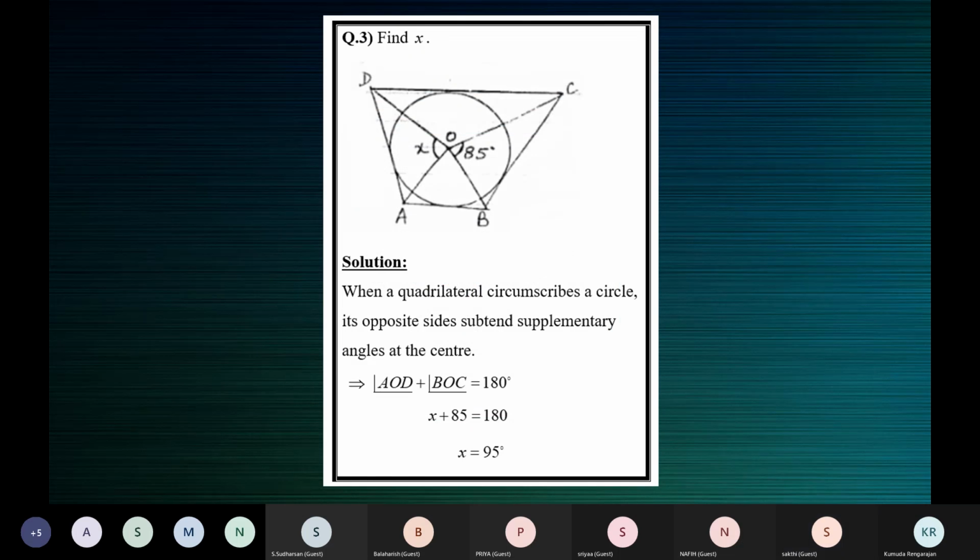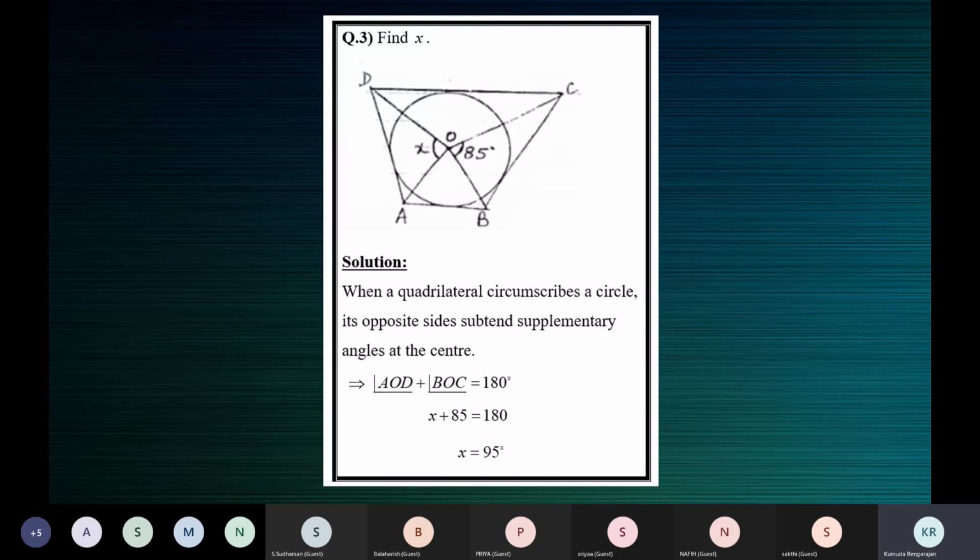Yes, ma'am. When a quadrilateral circumscribes a circle, its opposite sides subtend supplementary angles at the center. So angle AOD plus angle BOC is equal to 180. x plus 85 is 180. x is 95 degrees.